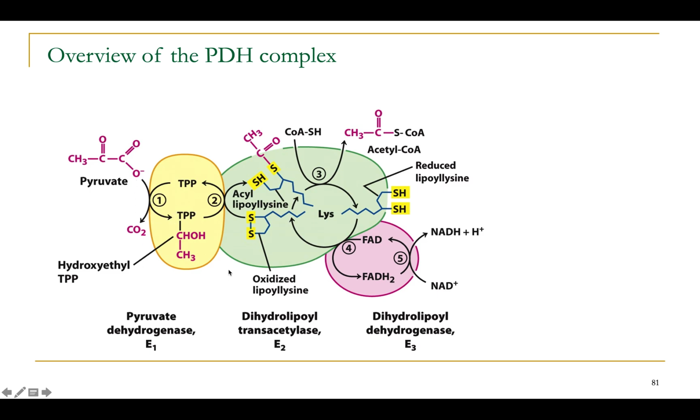So the process starts with the E1 activity accepting the substrate pyruvate.